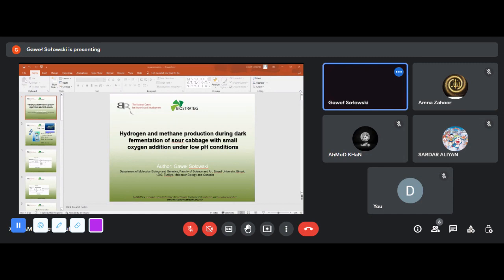Usually, substrates are polycarbohydrates that decompose in the presence of water into sugars, and acidogenesis is based on low pH, between 5 and 6. This pH and temperature depend on the bacteria, mesophilic or thermophilic, meaning mesophilic between 35 to 40 degrees Celsius and 55 to 60 degrees Celsius for thermophilic.